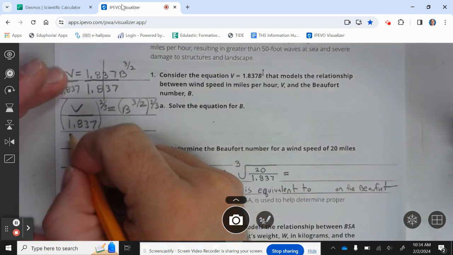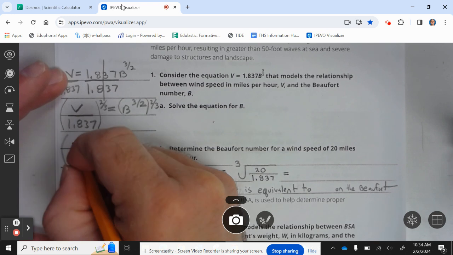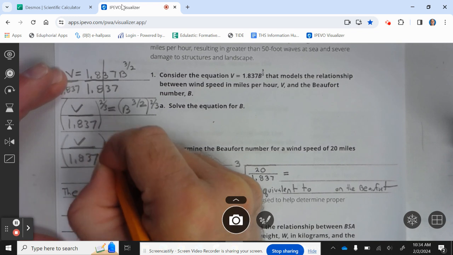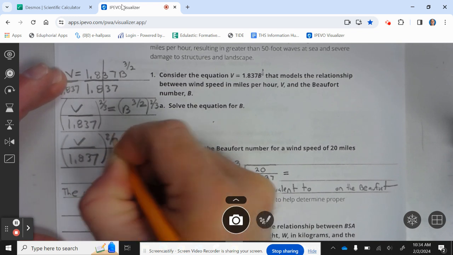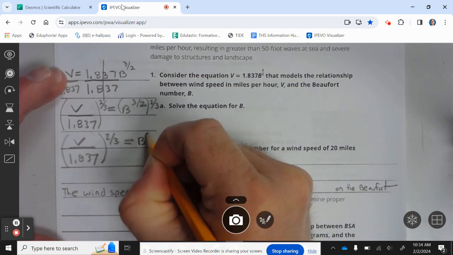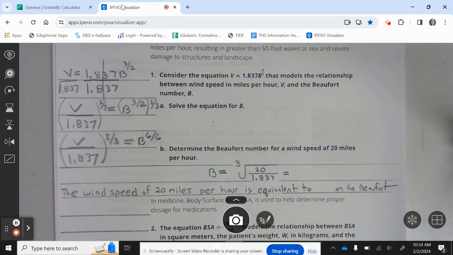So then this becomes v divided by 1.837 to the 2/3 power equals, 2 times 3 is 6, so that's b to the 6 divided by 6, which is 1.